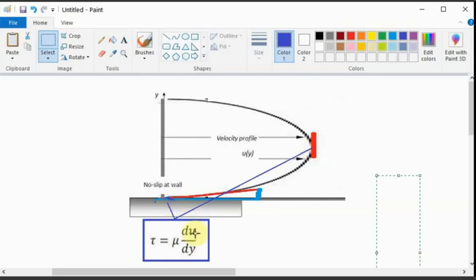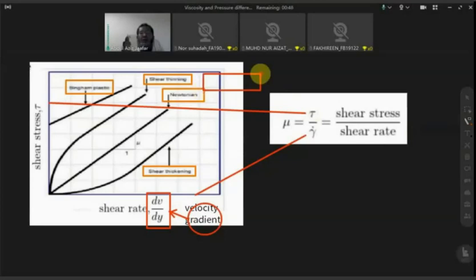Now let's look at the plot. Here we look at the characteristics of fluid. We have Newtonian fluid and non-Newtonian fluid. The non-Newtonian fluid can become a plastic, a shear thinning fluid, or a shear thickening fluid. Examples of Newtonian fluid are water and air.